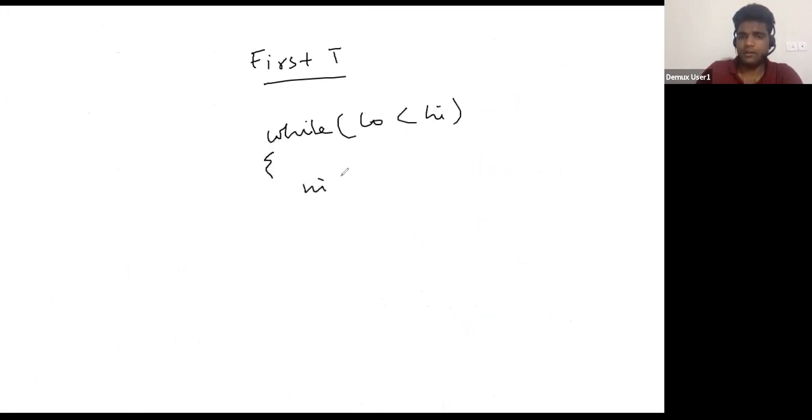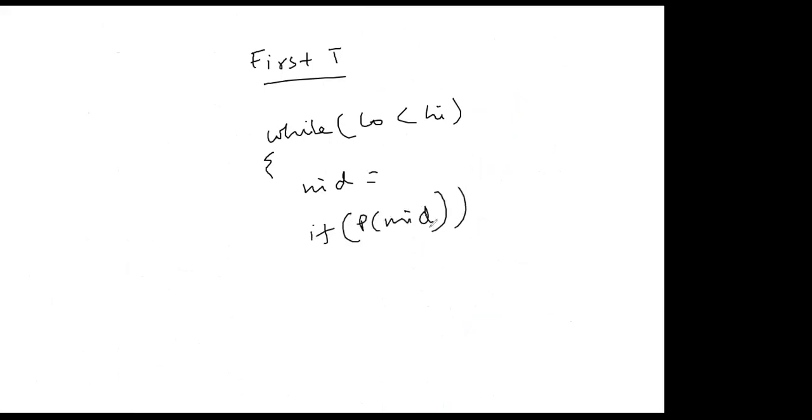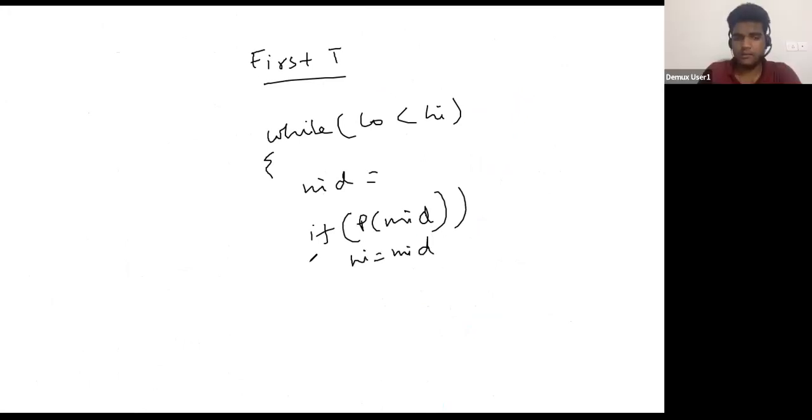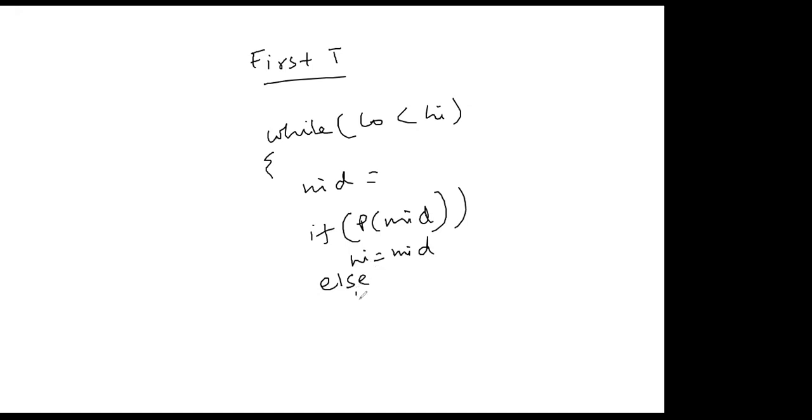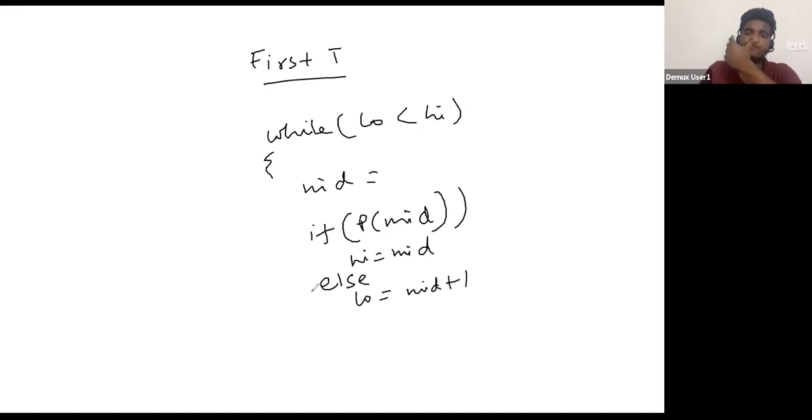I don't know the mid, let's see. But you're saying if P of mid, what is the decision? High equal to mid. High assign mid. Okay. Else? Low assign mid. Low assign mid plus 1, right? This is F, so you can skip that F.